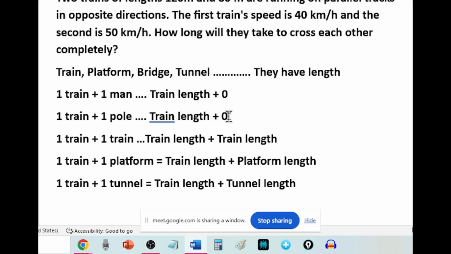If it is two trains, then train length plus train length. The first train will have length, the second train will have length. If it is train and platform, the platform has length, so train length plus platform length. If it is one train and one tunnel, then a train has length, tunnel has length. This is okay? This part?